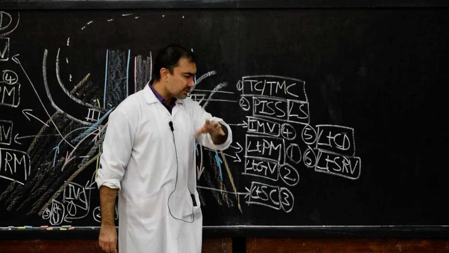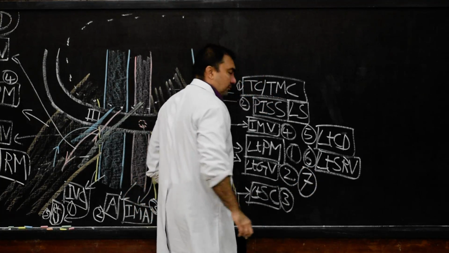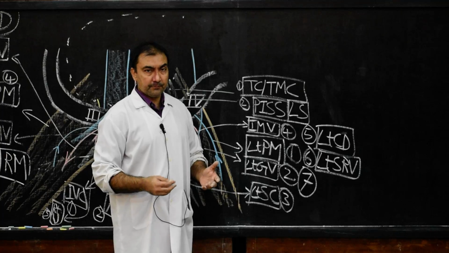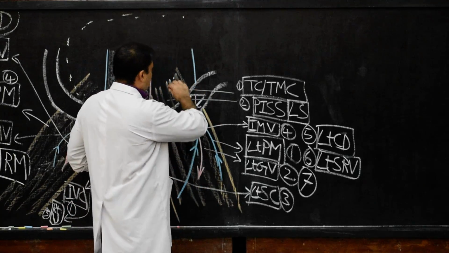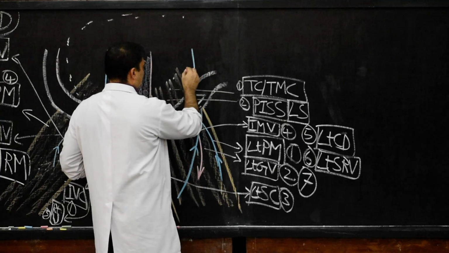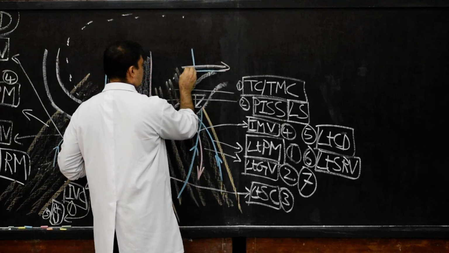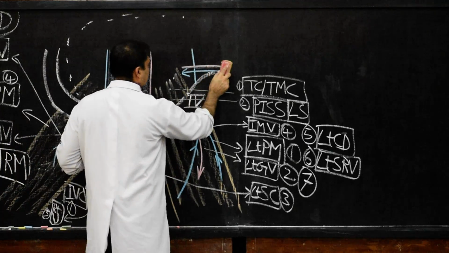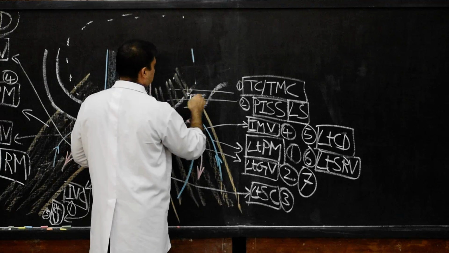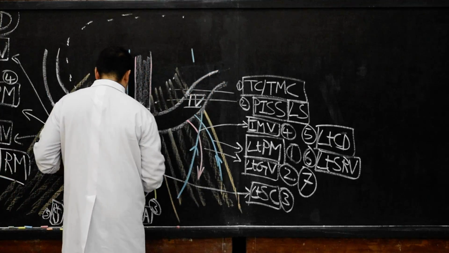And now the most important structure, which many times we tend to miss, and therefore we need to draw it. It will be horizontal, and here we are going to show this structure. Please draw these 2 in such a way that they lie posterior to the entire left.